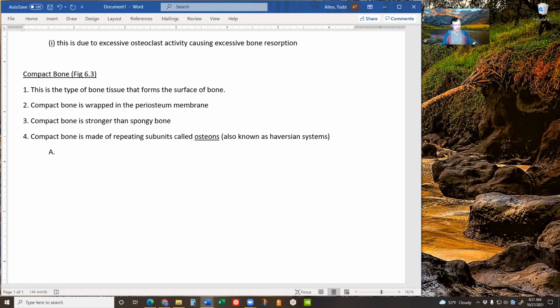Okay, each osteon, if you look very carefully, you can tell that the osteon looks like it's made of different circles that are overlapping each other or surrounding each other. Each one of these circles or rings, these concentric rings, has a name.